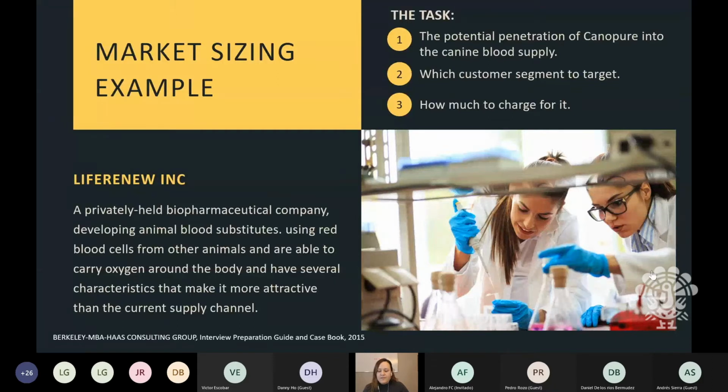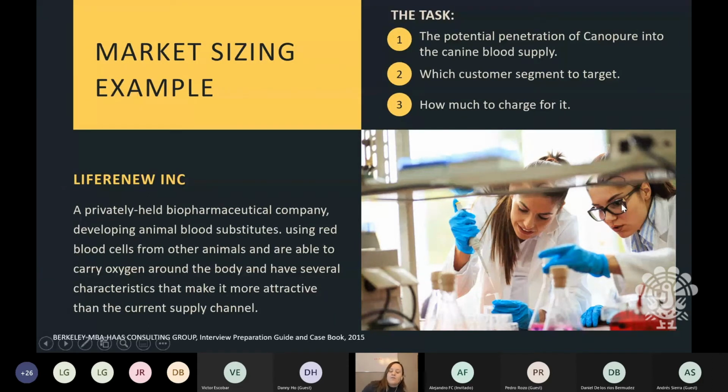I see 3 people have done market sizing before. What about the rest? 4 people. That's good. 5 people. All right, so a few of you now know what we're doing here.